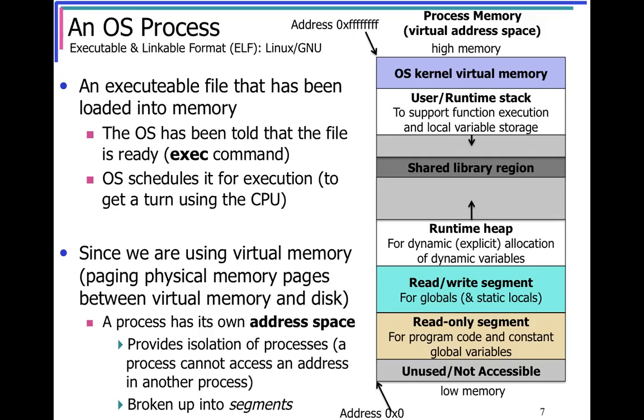Below that is the runtime stack. This is where we're going to have all of the storage of local variables and parameters or arguments that are passed between functions. It's a LIFO data structure, last in, first out.